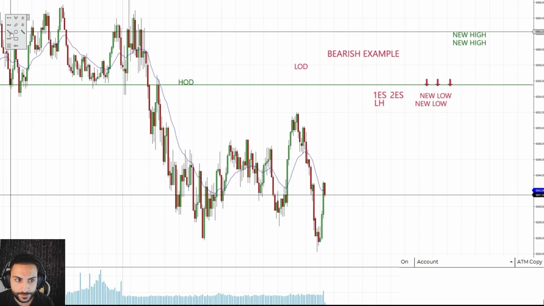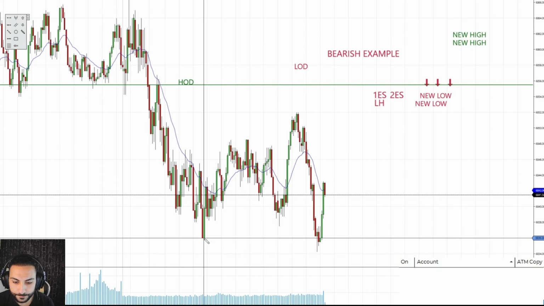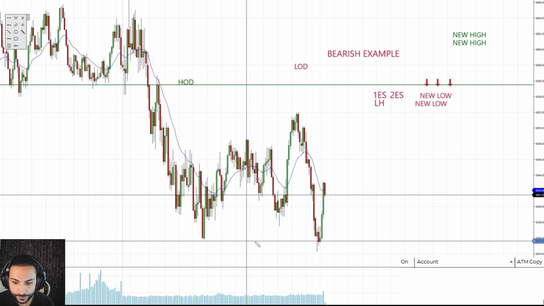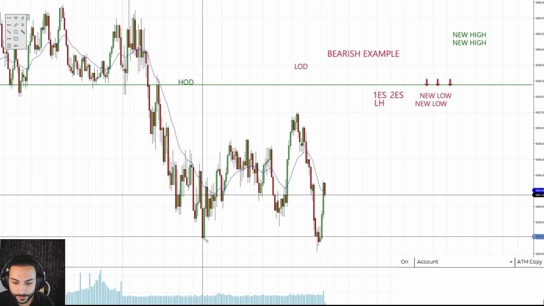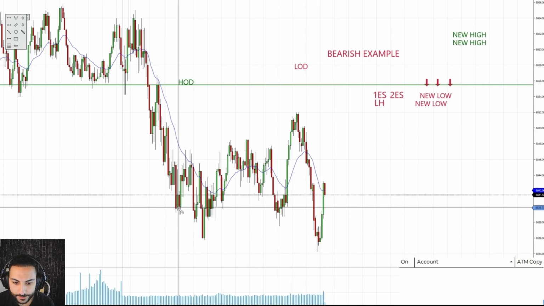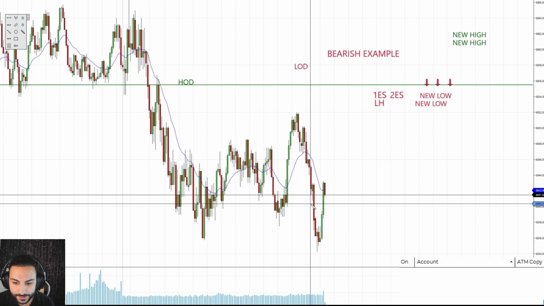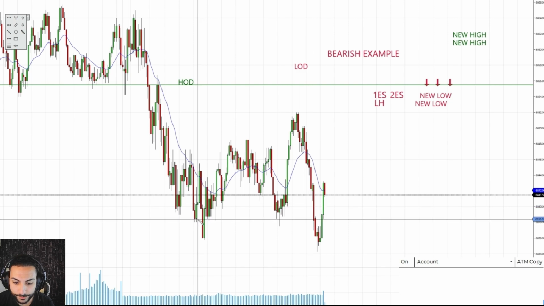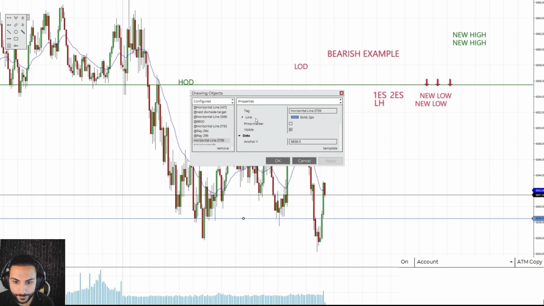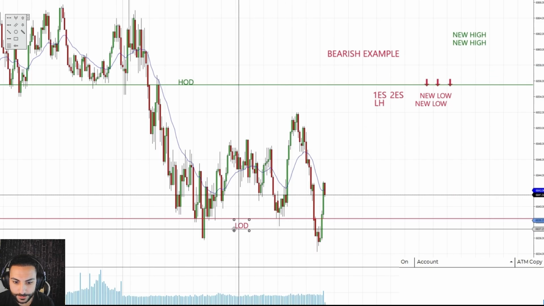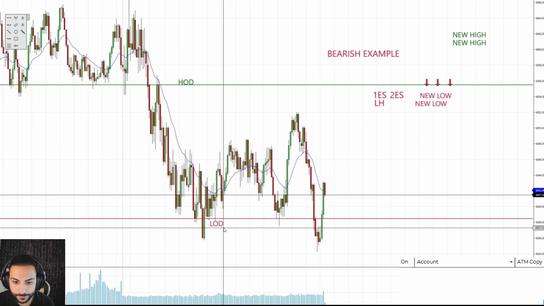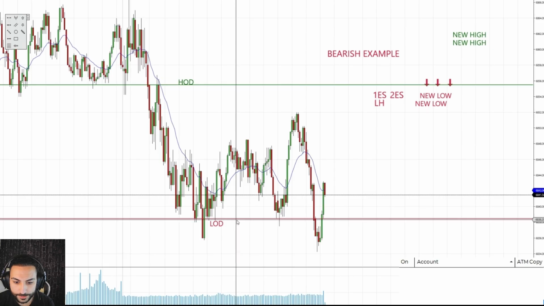Now we're also going to do the same for the bottom part of this range, right? So we're going to look for the pre-market low, which was around this area. We'll draw it around here, around 8 a.m. And this will be the low of day. And I'll just put this for educational purposes so you guys can understand what these levels are.